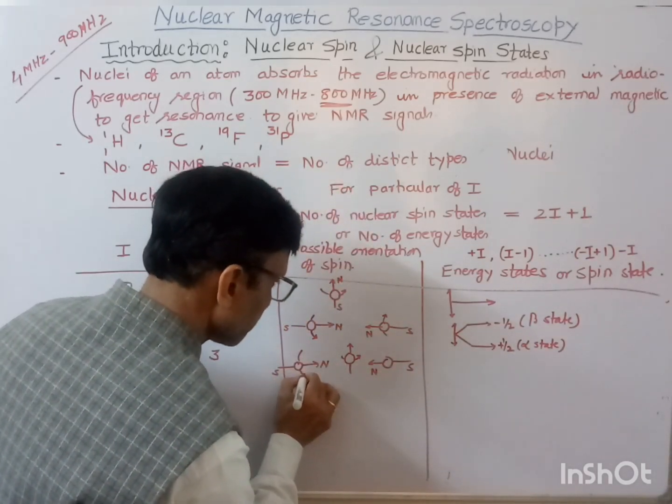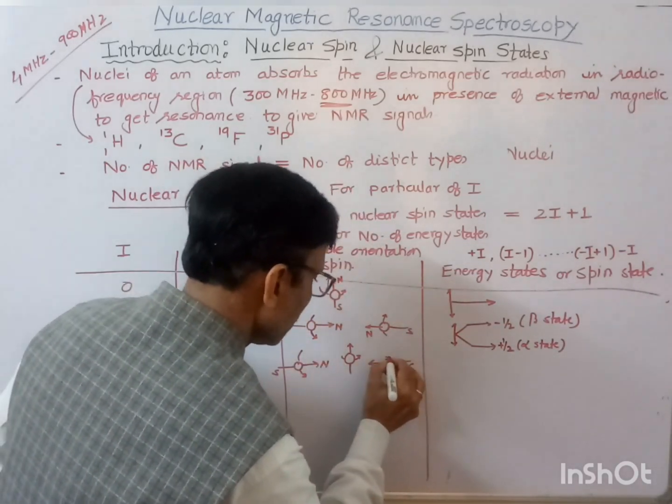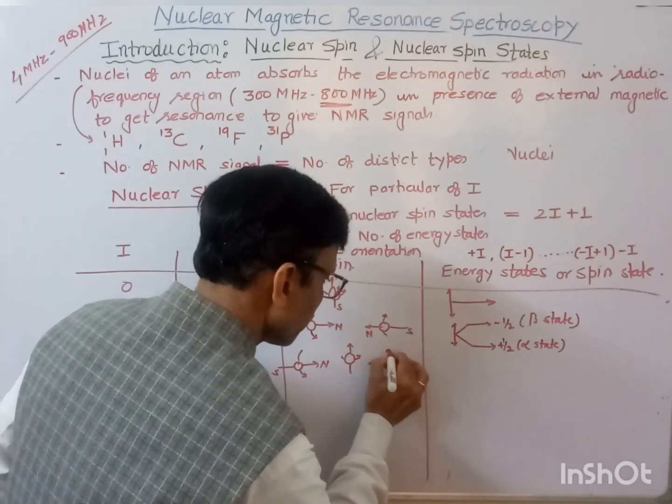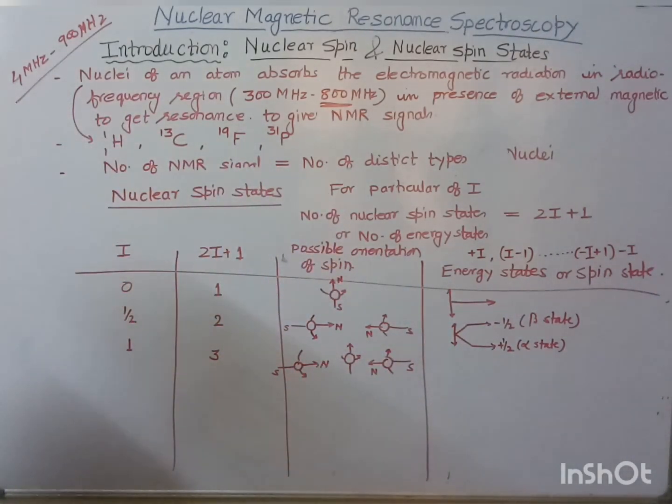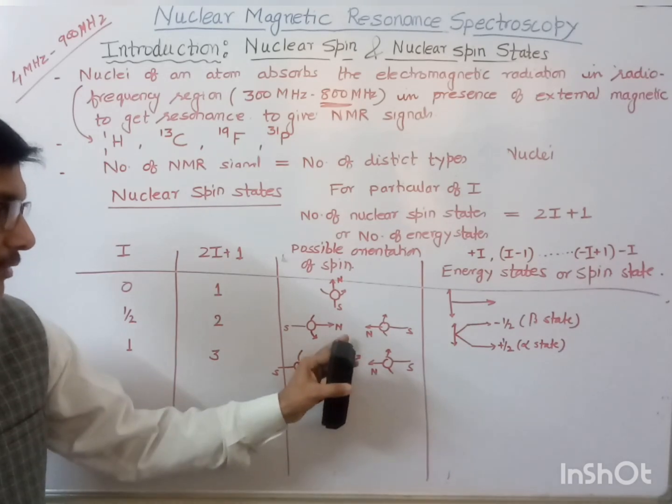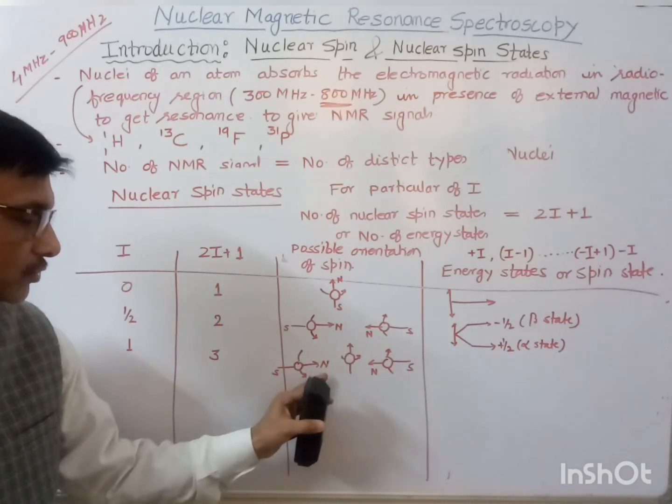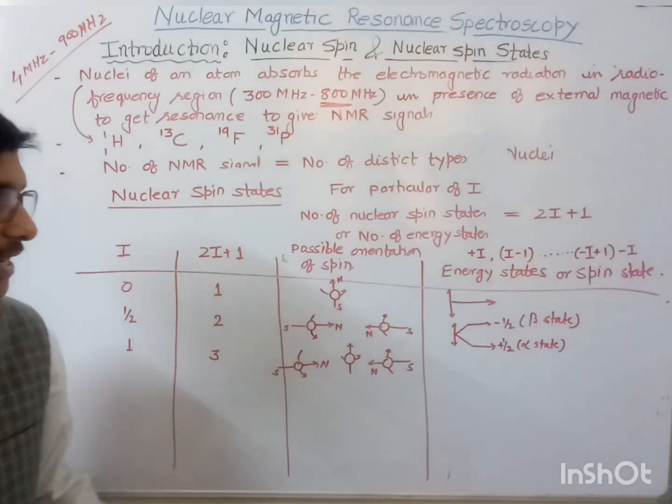So these are the three possible orientations. One magnetic field direction is up, another is on the right side, another is on the left side.